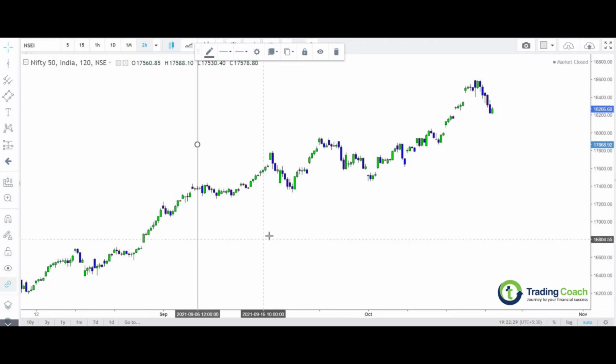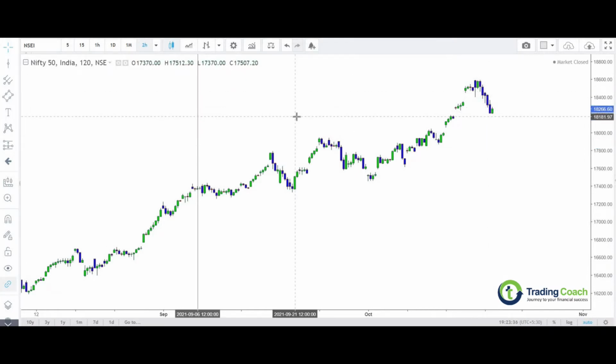I'm seeing a kind of channel behavior in the price action of Nifty 50. You can notice that we had both upswings and downswings, a zigzag movement on both sides. Even though we had a zigzag movement, obviously the buyers were winning this particular battle. But if you look at the price action from the last 2 days, we can see that the sellers are somehow taking control of the price action.